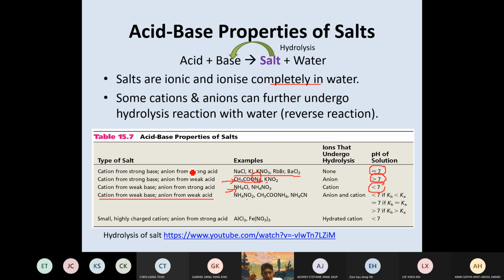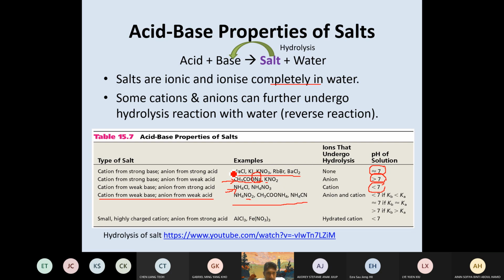Kb means the base dissociation constant of the base that salt came from. If it is less than the Ka of the acid that the acidic ion came from, then it will be less than 7. And if Kb is higher than Ka, it will be more than 7. So this is the only thing that will be a bit confusing.